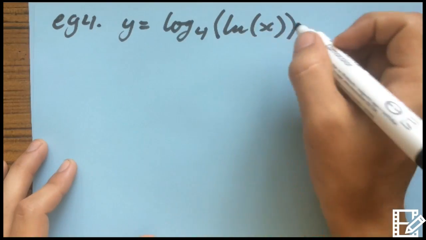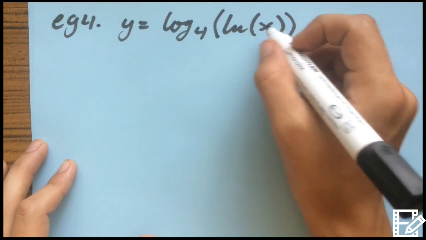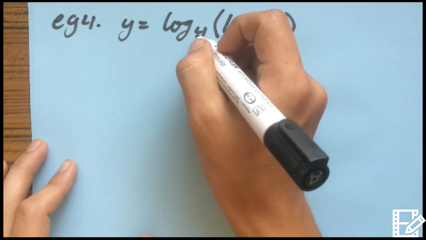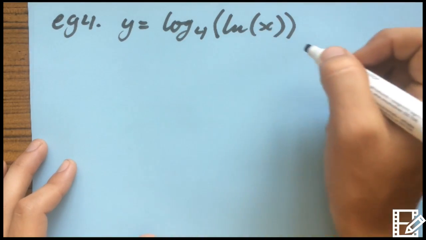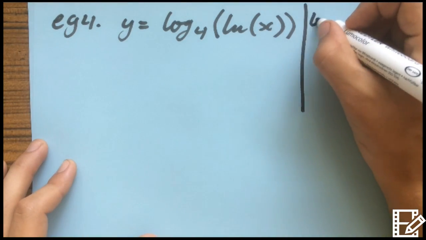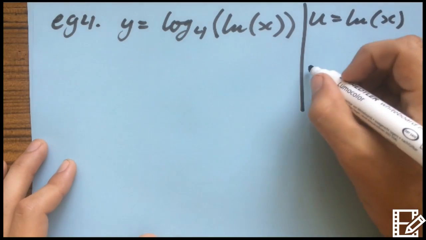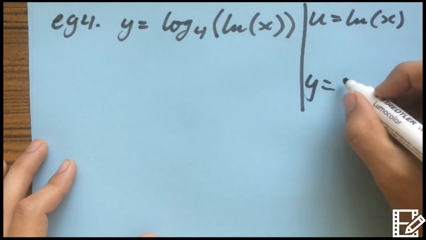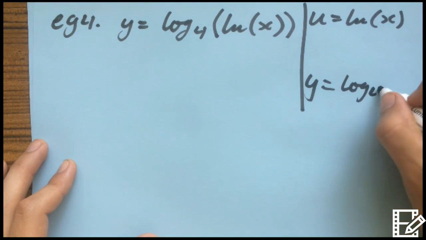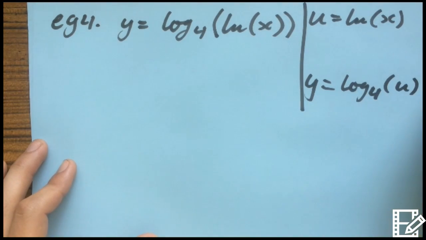Our innermost function is ln of x, and our outermost function is log to the base of 4 of ln x. That way we can call u ln of x, the inside function, and y, the outside function, log to the base of 4 of u.